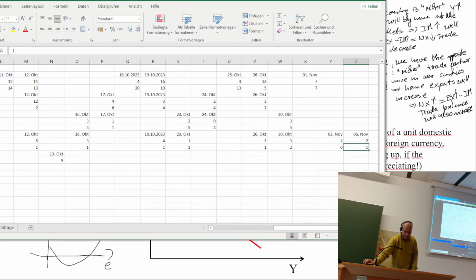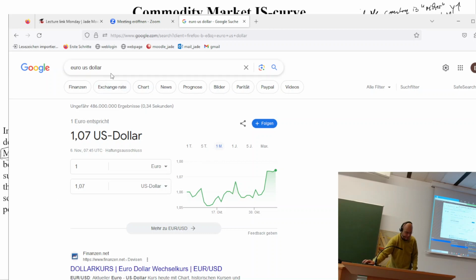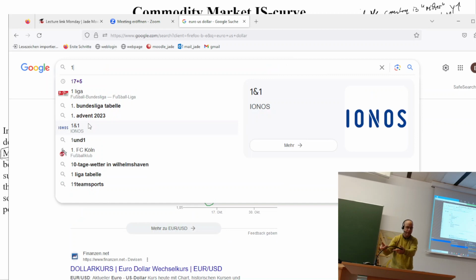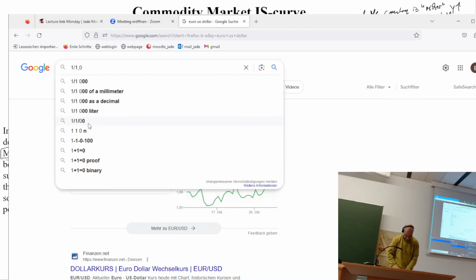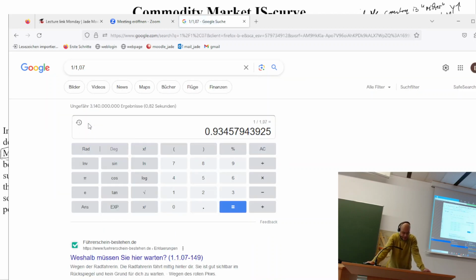From the view of the United States, the indirect quotation would be just 1 over 1.07. So, okay, 0.93. But of course, you are not allowed just to subtract 0.07 because of the problem.